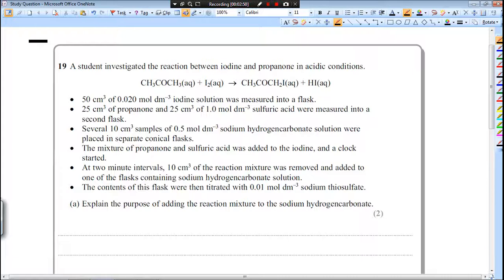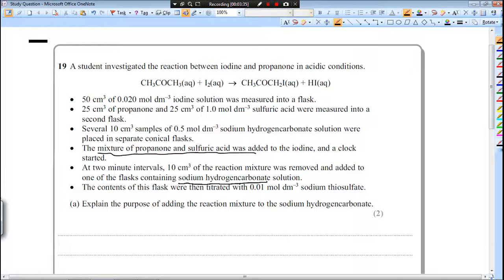So at the time intervals, we have taken the reaction mixture containing propanone, sulfuric acid, and iodine, and added it to the flasks containing sodium hydrogen carbonate solution, which are in several conical flasks.